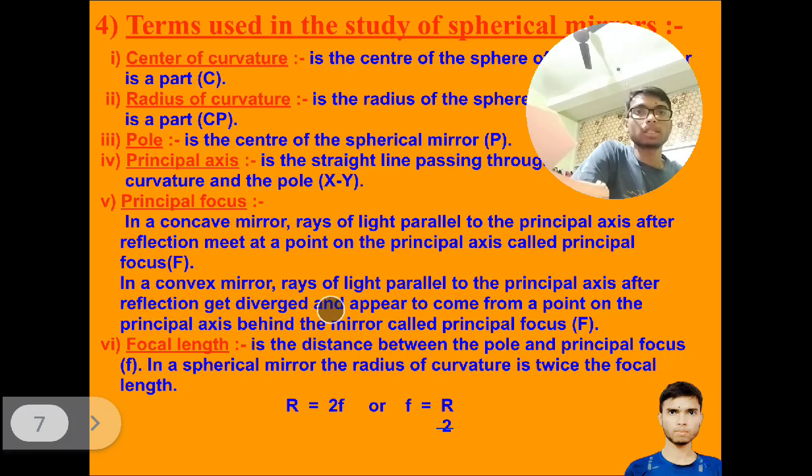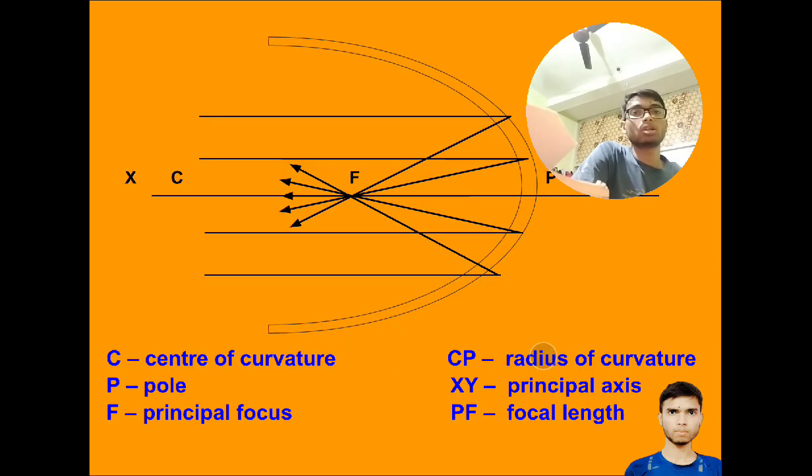In a convex mirror, rays of light parallel to the principal axis, after reflection, get diverged and appear to come from a point on the principal axis behind the mirror called the principal focus. Now let's see.